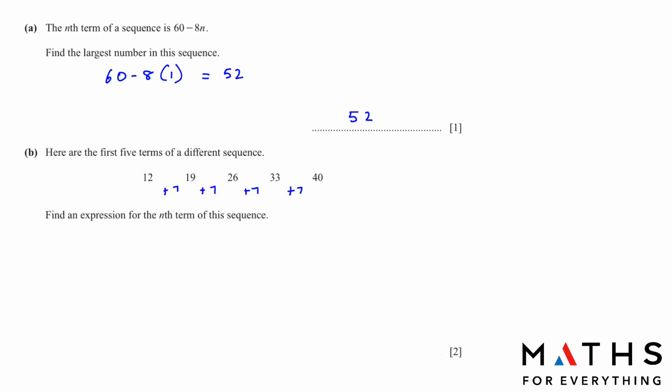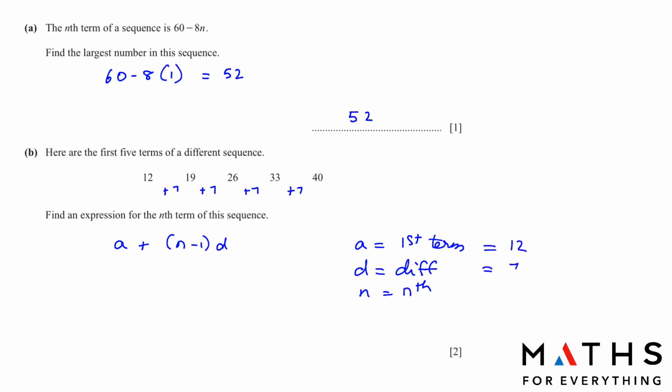It's a constant, so it's an arithmetic sequence, and the formula for an arithmetic sequence is a plus n minus 1 d, where a is your first term, d is your difference and n is the nth term. So we have the first term, which is 12.